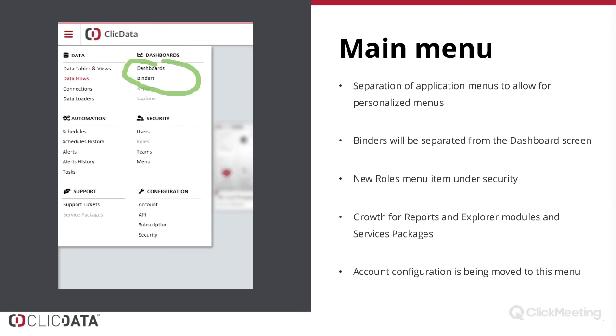And the reason for that, again, is just one of cleaning the Explorer to ensure that the options on each row are the same for each type of object. So if it's a dashboard and you click edit, you would expect to have an editor of the dashboard, but binders don't have an editor. Binders do not have an editor, so it does not make a lot of sense to have them on the same Explorer.